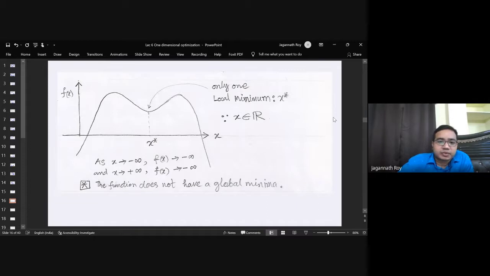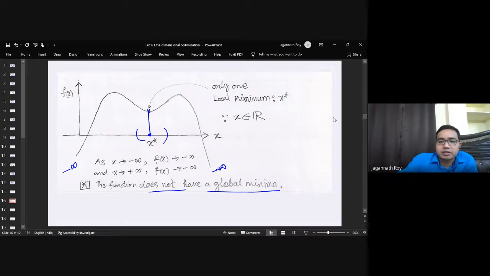Now, if you think about this simple function, it goes to minus infinity, here also minus infinity, but it will have a unique minimum point. The minimum point is here. The function does not have a global minimum. It will have only a local one.